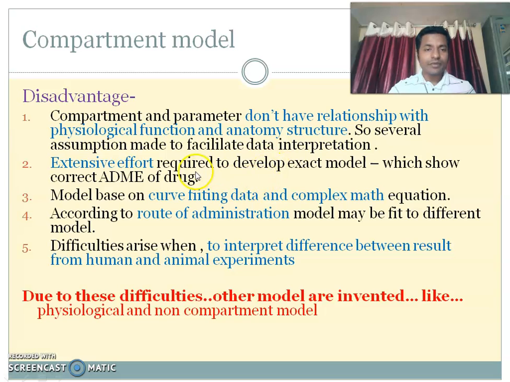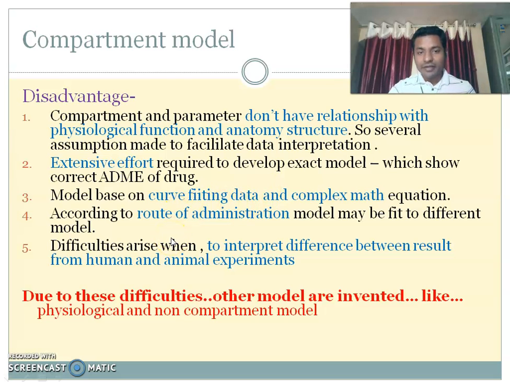Right. Second, extensive effort is required to develop the exact model. We take many efforts to develop the exact model which shows the correct ADME of the drug. The model is based on curve fitting and complex mathematical equations.